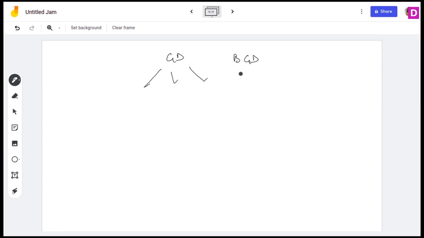So we have mini batch gradient descent, which does not take the entire data, but takes, let's say, a few data points and updates the weight based on that. Then we have stochastic gradient descent, which takes any one point randomly and updates the weight according to that random point.